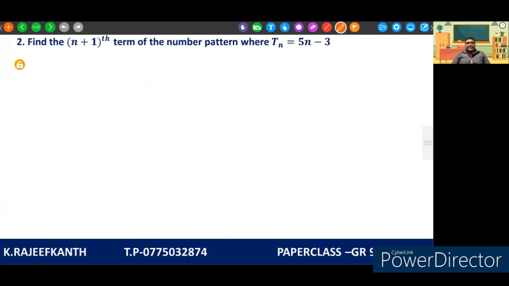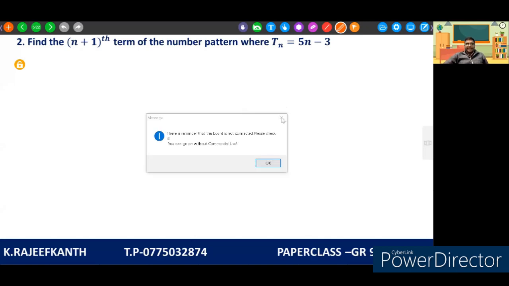Find the n plus 1 term of the number pattern where Tn is equal to 5n minus 3. Here they have given Tn of a number pattern is 5n minus 3. Now you have to find the n plus 1 term. So you are going to substitute n as n plus 1, right?